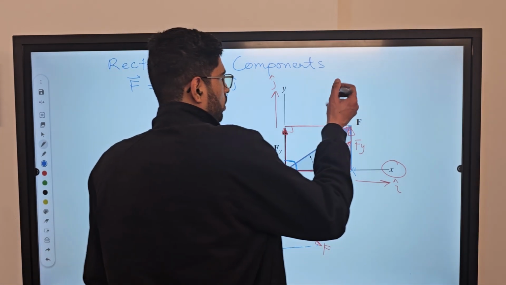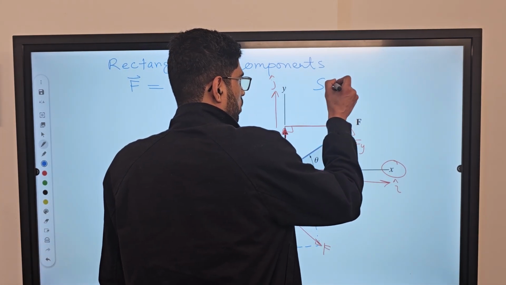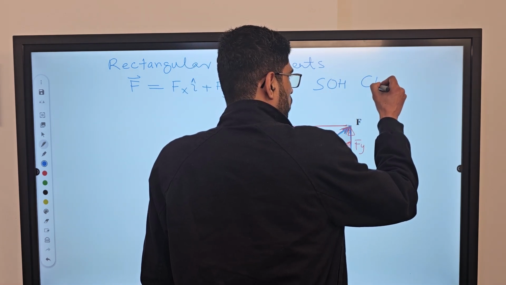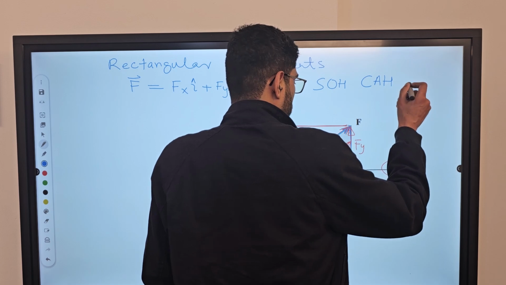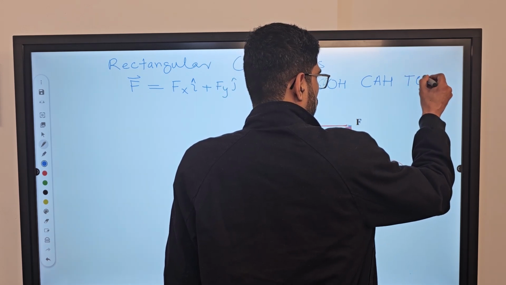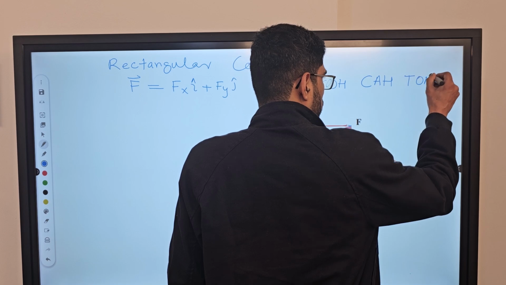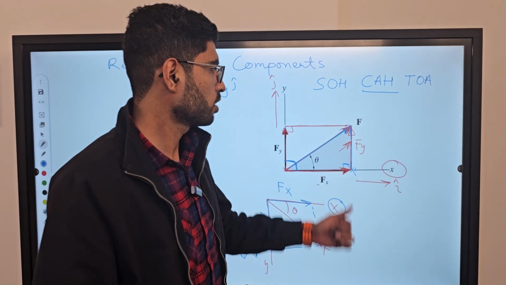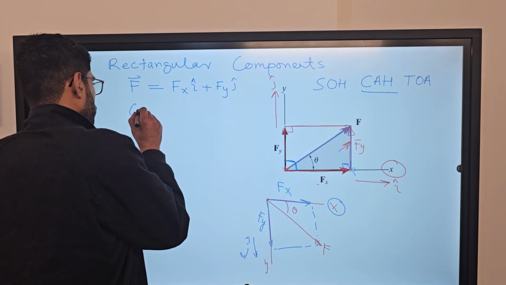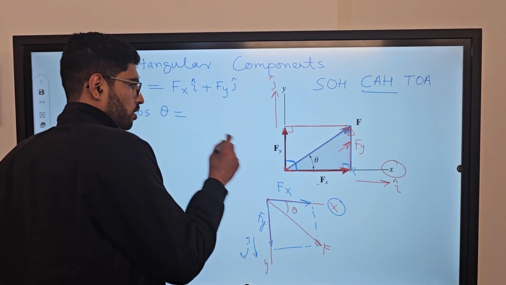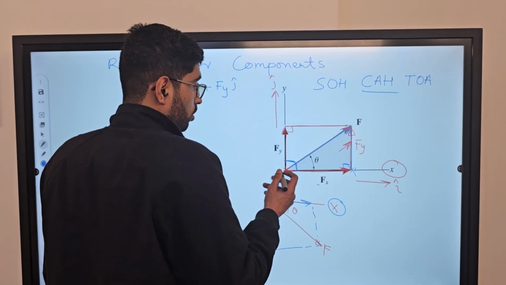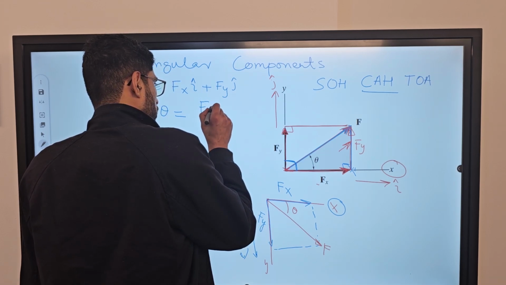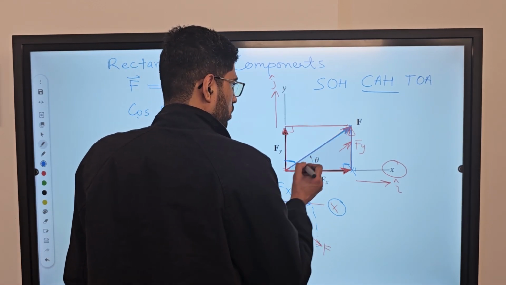So we know these trigonometric ratios, which is sine of opposite divided by hypotenuse, cos of adjacent divided by hypotenuse, and so if we apply this, cos of theta, if we use this right angle triangle, will be equal to this base or this adjacent side, which is f of x, divided by the hypotenuse, which is this force F.